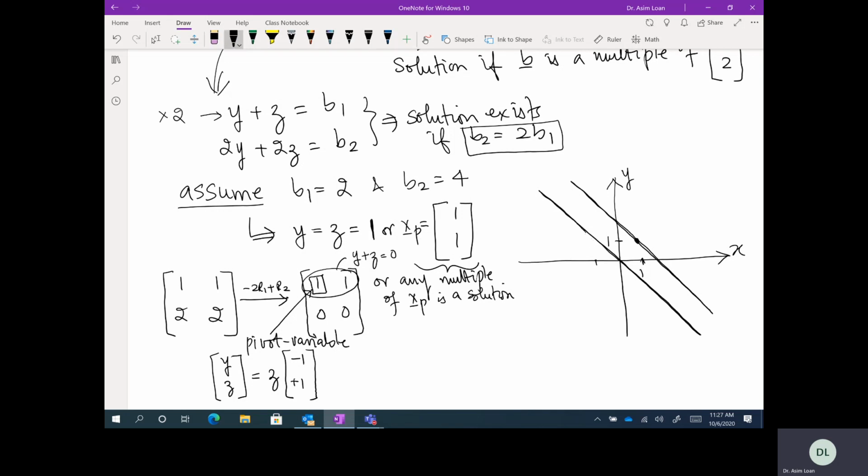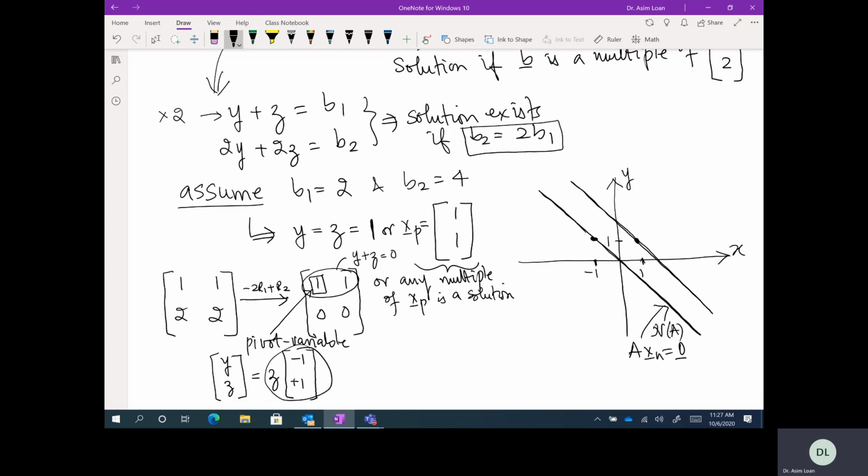So maybe this one, minus 1 plus 1. Okay. So any multiple of this one will lie along this line, and this is A xn equals 0. This is the null space of A.